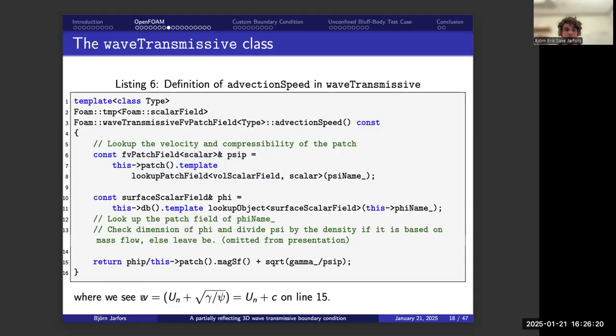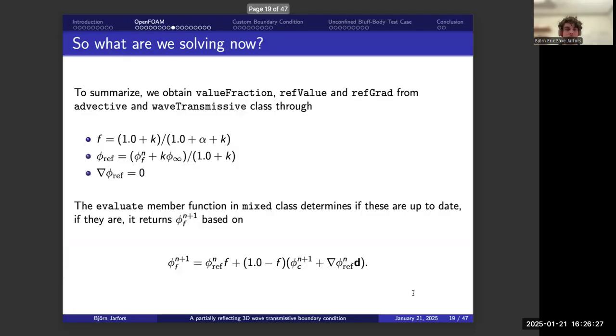So now we instead have a wave speed that is not equal to the normal velocity, but equal to the normal velocity plus the speed of sound.